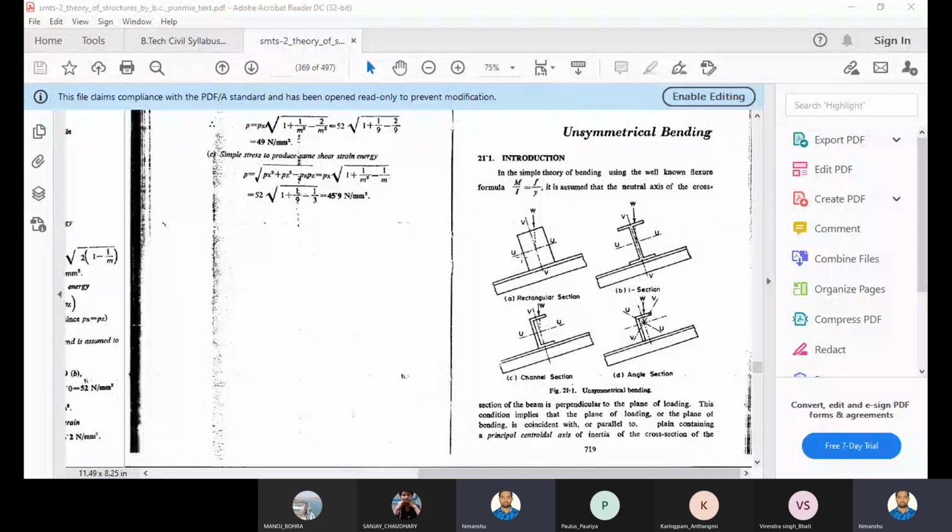Like if this cross section is there, and this is the plane of loading, then that will be parallel or coincident with this centroidal axis of the cross section.